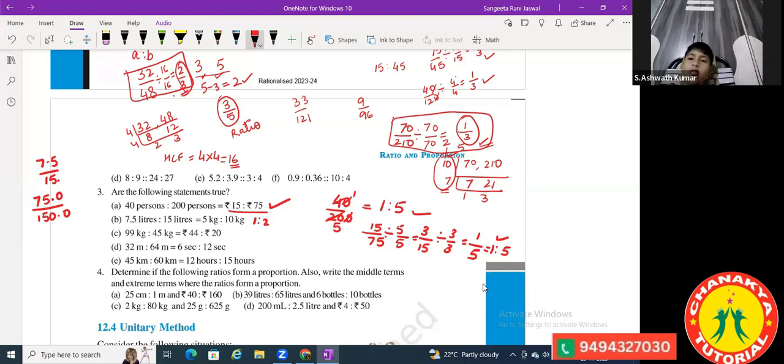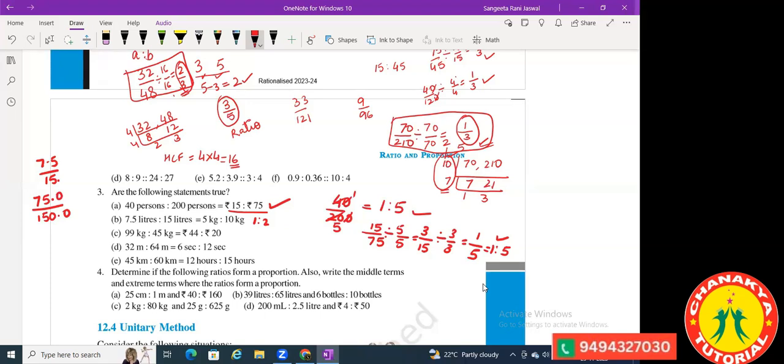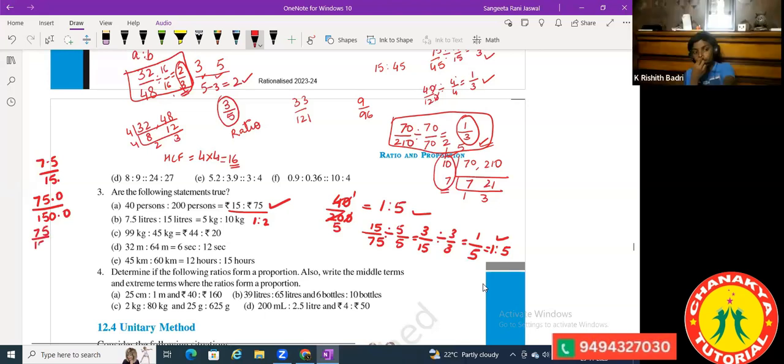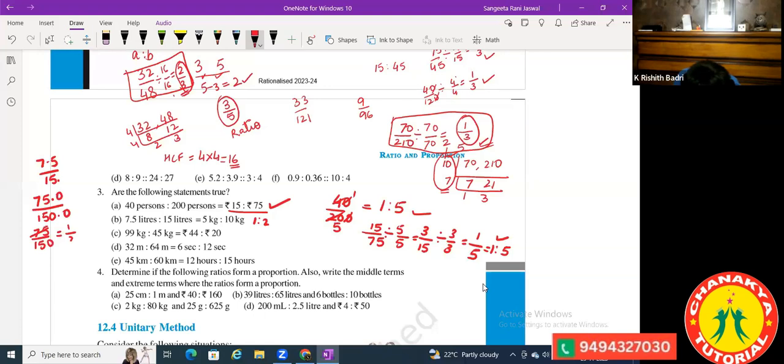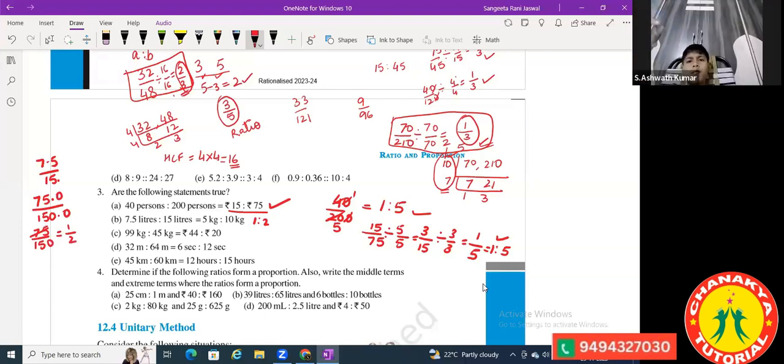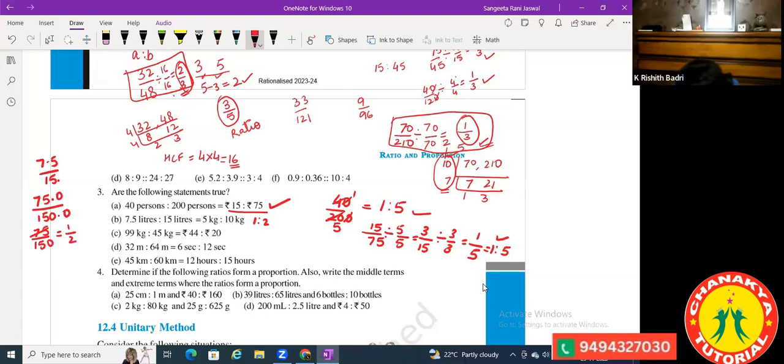This is the last sum we will be doing. I have removed the decimal points from here. Now I reduce it to lower form. Ma'am, 1/2.